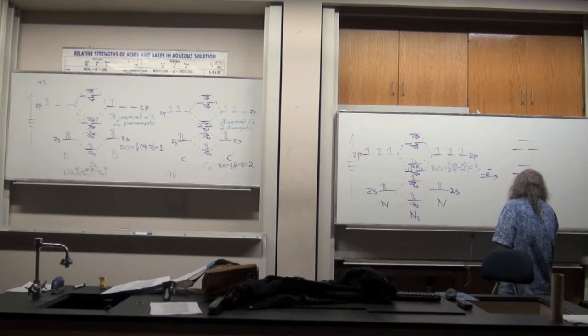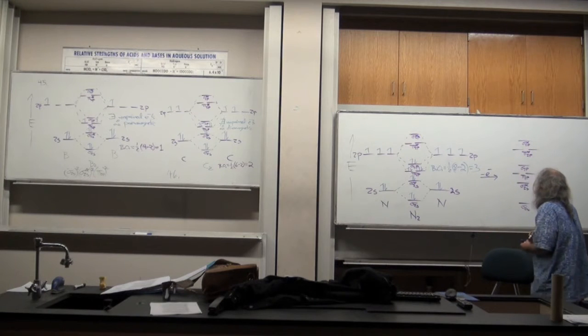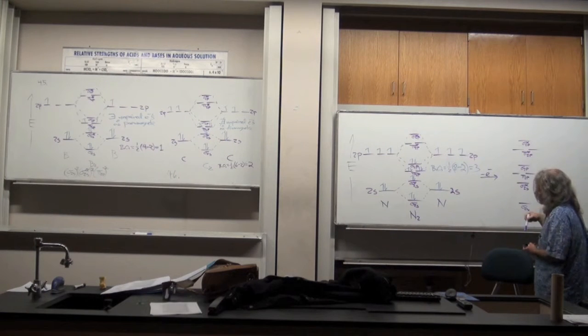Sigma 2s, sigma star 2s, pi 2p, sigma 2p, pi star 2p, and sigma star 2p. So I place those there, and now I'm going to put in 9 electrons.